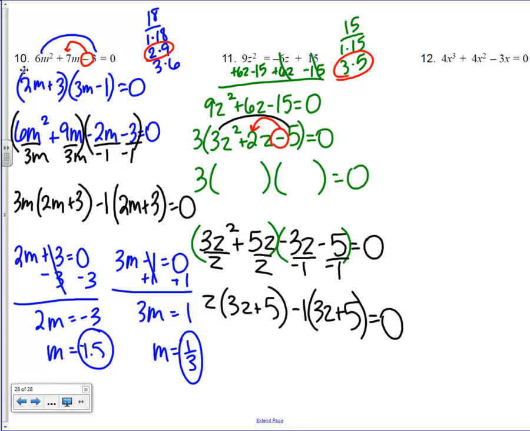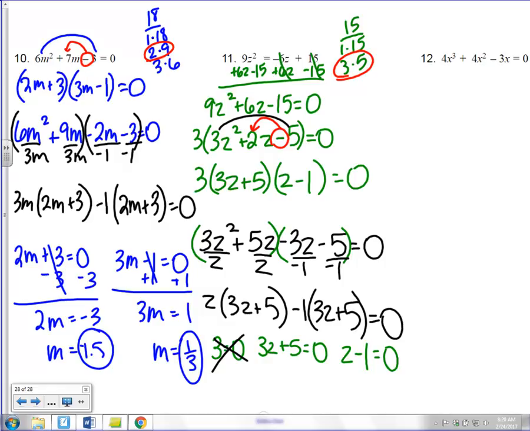And we're ready to fill in our binomials. Here's my repeated factor. Here's my leftover factor. And the last thing to do is to set up your equations. This first one is not going to give me an answer, and I'll just go ahead and solve the other two like normal.